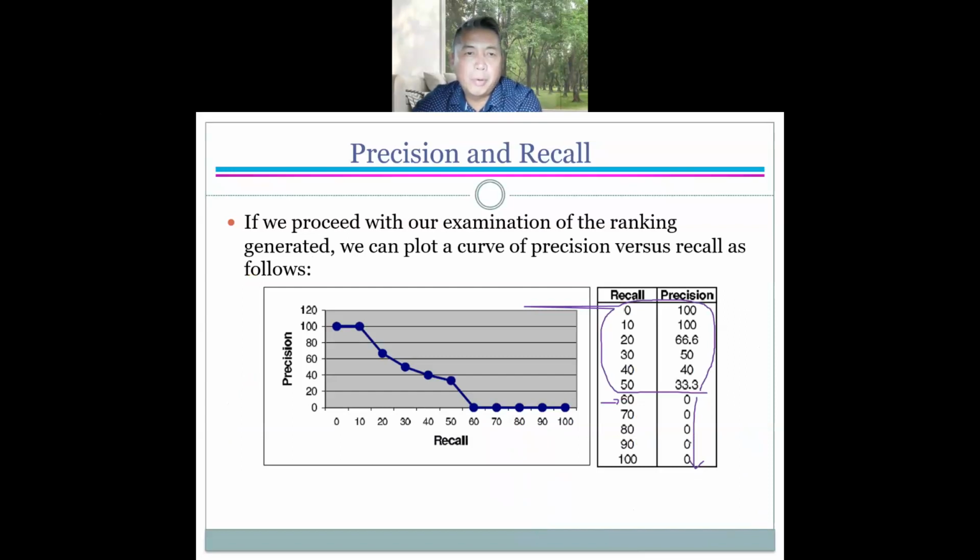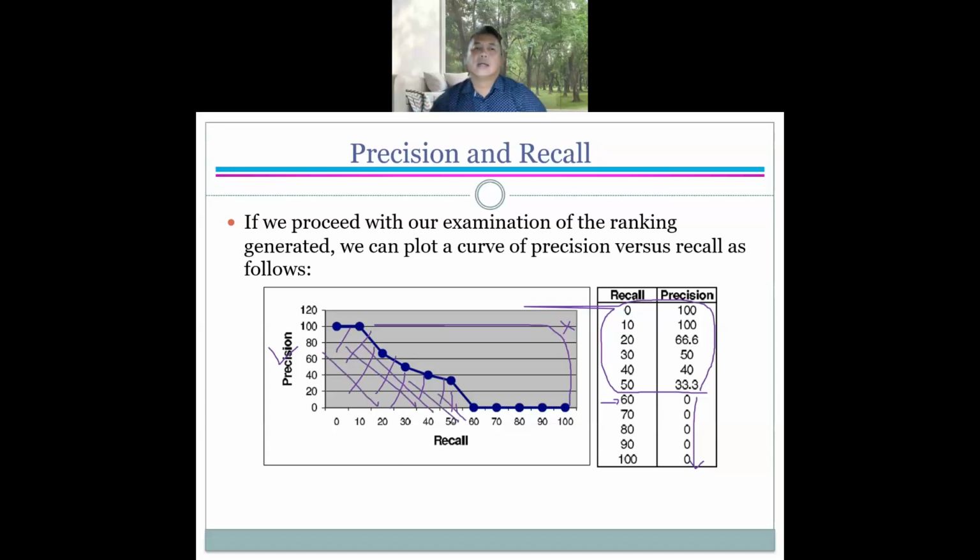So when we plot them, we will have this graph. Remember that our objective is to have the maximum, something like this. The way we compare the performance of information retrieval is we look at the area under the curve.